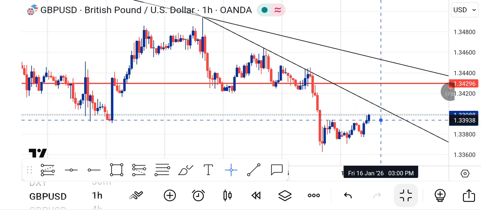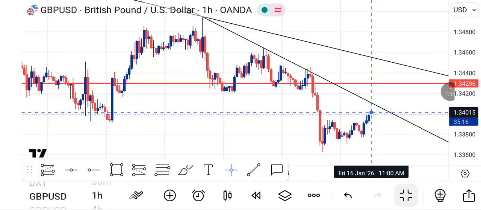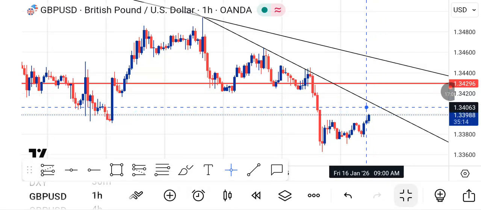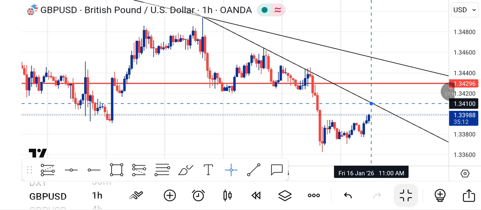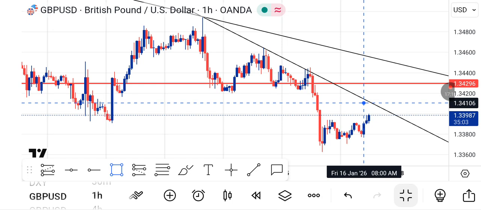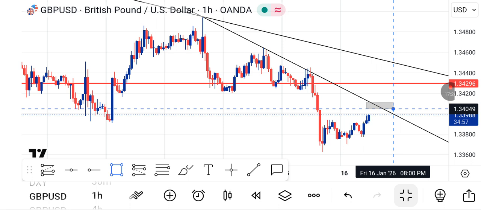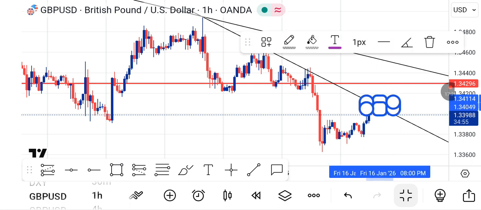So now price, I'm waiting for what? For pounds USD to come around this place, to touch this trend line around this place. This way I'm waiting for a sell of pounds USD around this place.